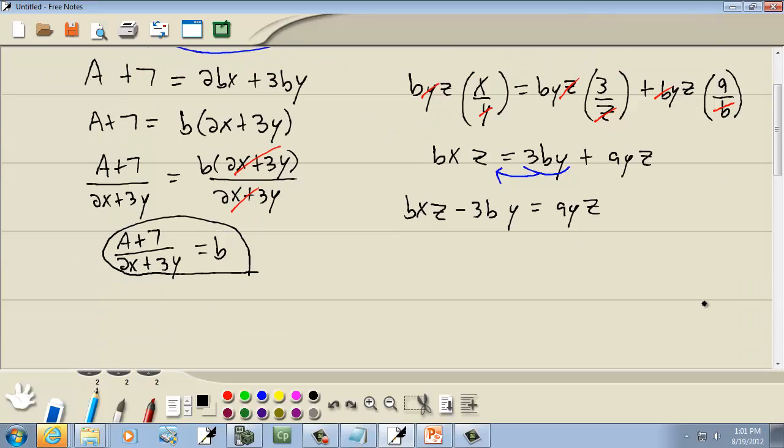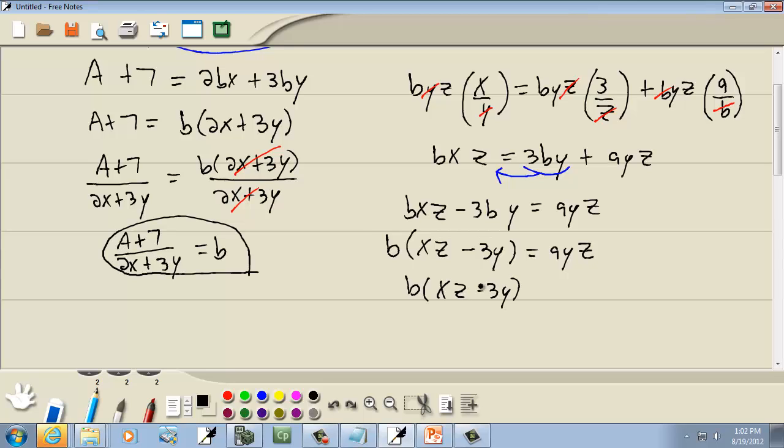Step 4, if the variable you're solving for is in 2 or more terms, factor it out. Well, terms are separated by pluses and minuses, so I need to factor out a b. And that leaves us xz minus 3y equals ayz. Last step, divide both sides by what's in front of or back of the variable you're solving for. There's nothing in front of the b, but there's a xz minus 3y after it. So I divide both sides by that.